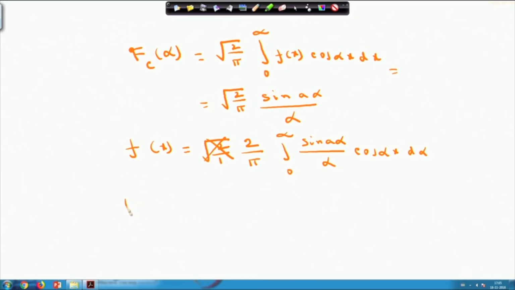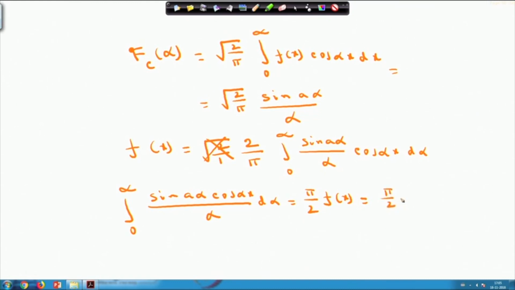So, you can write the integral from 0 to infinity of sine of a alpha cos of alpha x by alpha d alpha. This is equal to pi by 2 into f(x). Again, f(x) we know: in 0 to a it is pi by 2. So, the value of f(x) in 0 to a is 1.